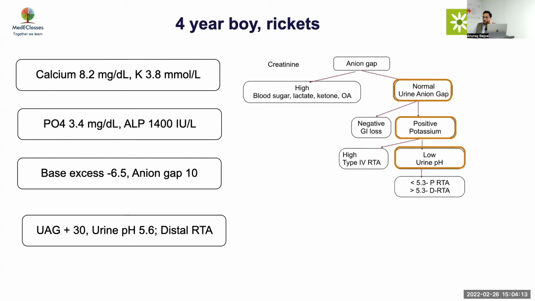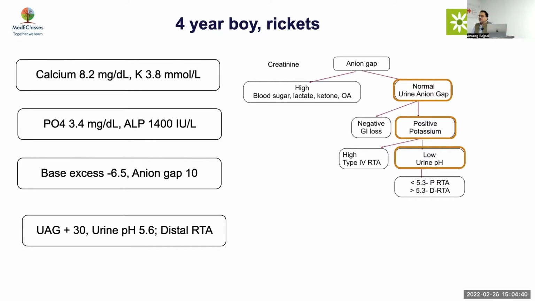Sir, the thing is that it is rickets. First of all, we have to consider RTA in case of refractory rickets. Sometimes rickets would have vitamin D deficiency, which can lead to hyperparathyroidism, which can also give us a picture of proximal RTA. I think this is a very important point that you have raised, whether it is primarily RTA which is causing rickets, or you have vitamin D deficiency which causes secondary hyperparathyroidism, and that's why you have this RTA-like picture.